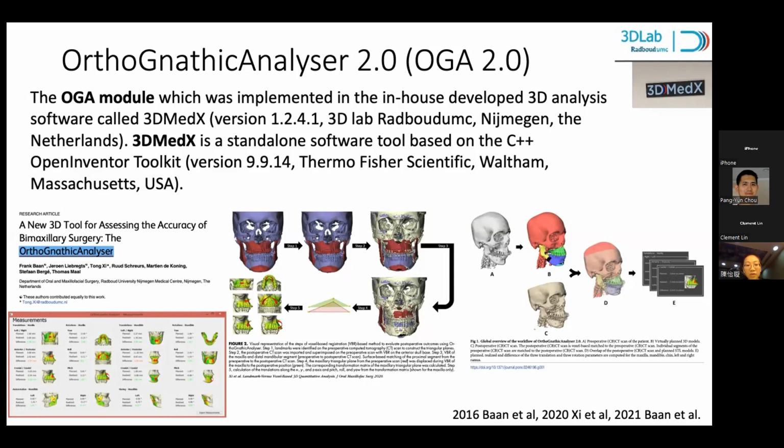And then it will automatically give us 6 degrees of movement of the skeleton, including maxilla and mandible. And in OGA version 2.0, it is also able to measure the genioplasty movement. But we are excluding the genioplasty patients in this group, so we're not going to measure that.